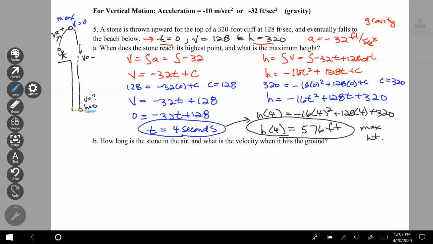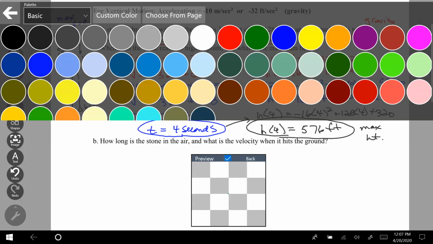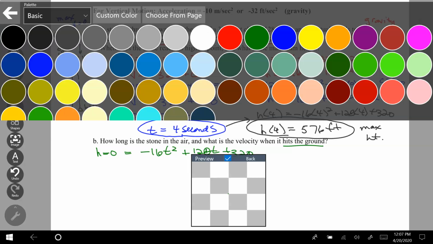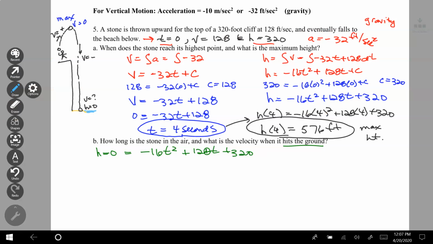So I want to know when it hits the ground. When does it hit the ground? That's when h equals 0. So I take my equation of my h. So it equals 0. I don't like all those big numbers. Divided by negative 16. 0 equals t squared minus 8t minus 20.